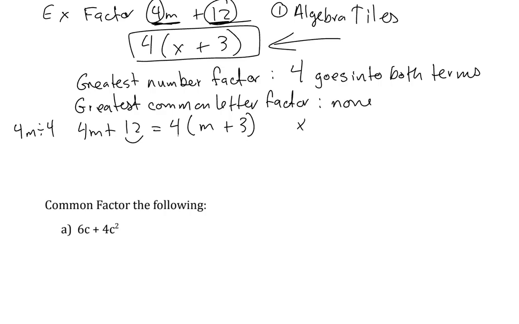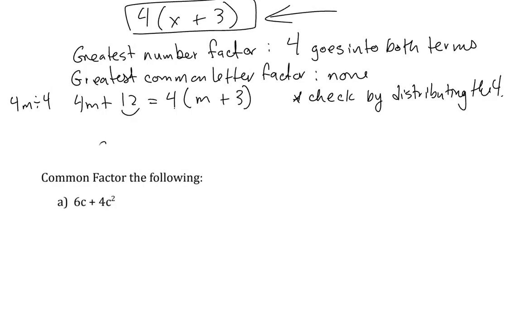We can always check our answers to see if we got it right. I mean, you can check in the back of the textbook, but we can check by distributing the 4. So let's check. I'm going to say 4 times m plus 3.